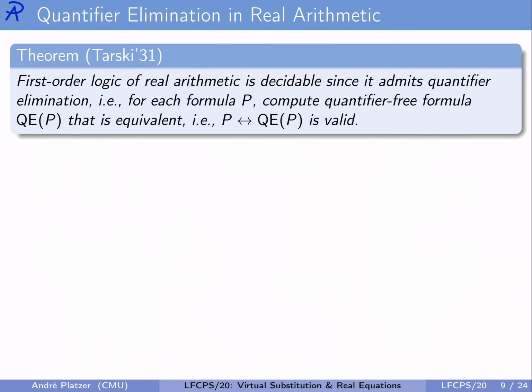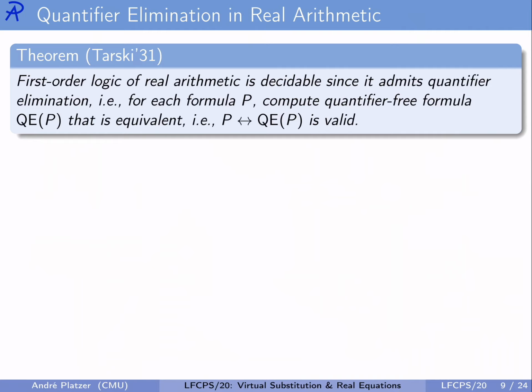Here's one. And now it turns out, which is a seminal result of Tarski from 1931, that first-order logic of real arithmetic, with which you can describe all of the sets that I just talked about, is decidable because it admits quantifier elimination.